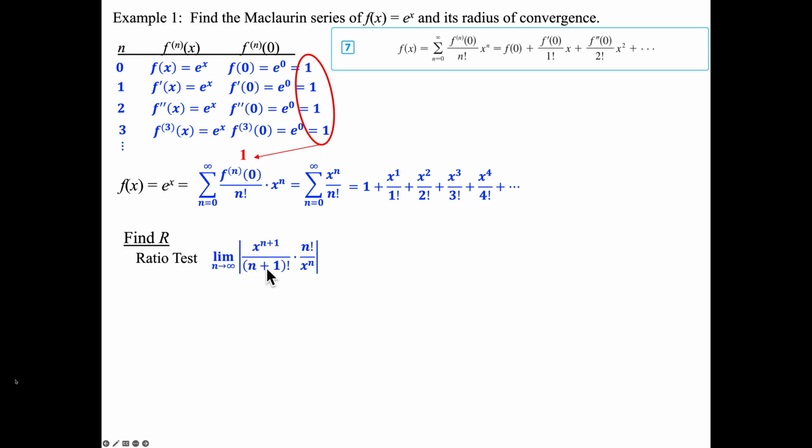This becomes n plus 1 times n factorial. The n factorials cancel, leaving us x over n plus 1. But in the limit as n goes to infinity, x doesn't change and the denominator is getting bigger, so we are heading towards 0, which is less than 1, which means this converges for all x. So my radius of convergence is infinity.